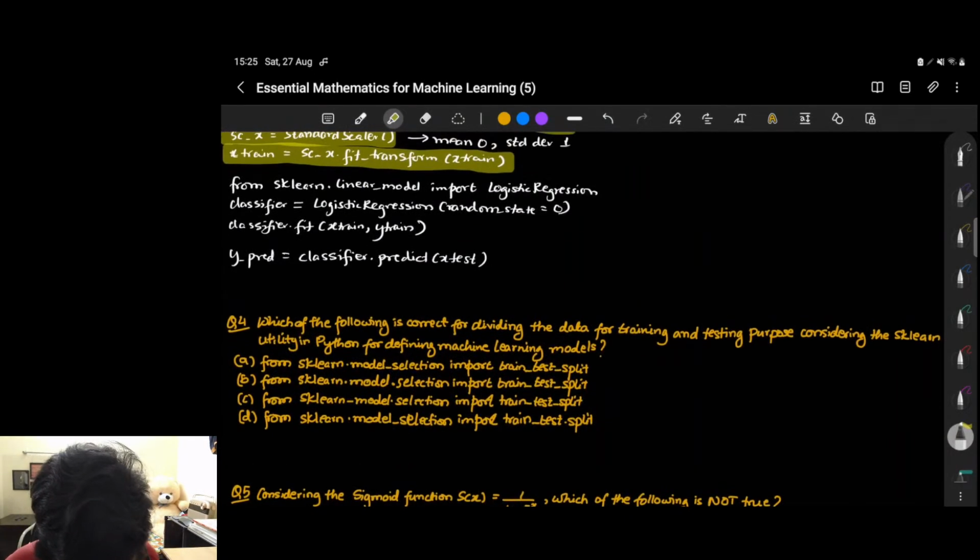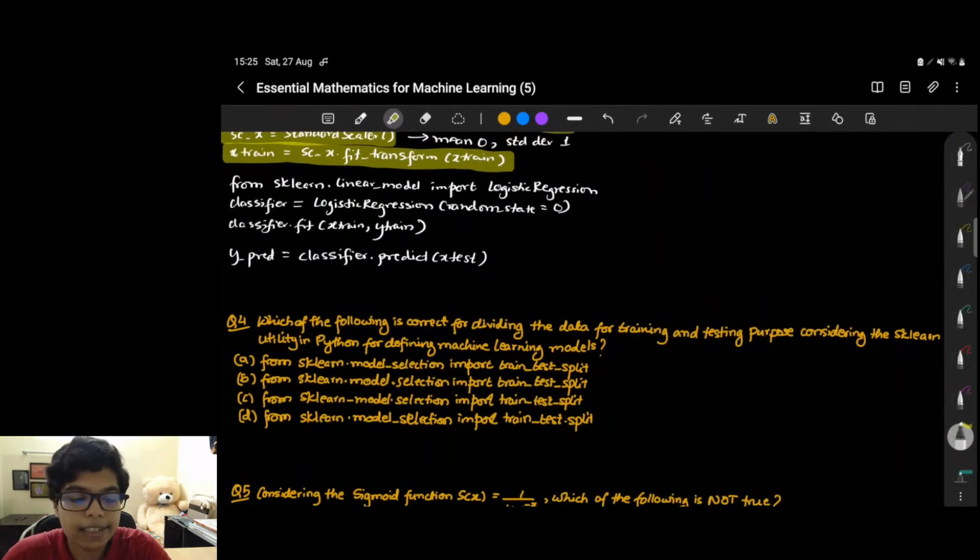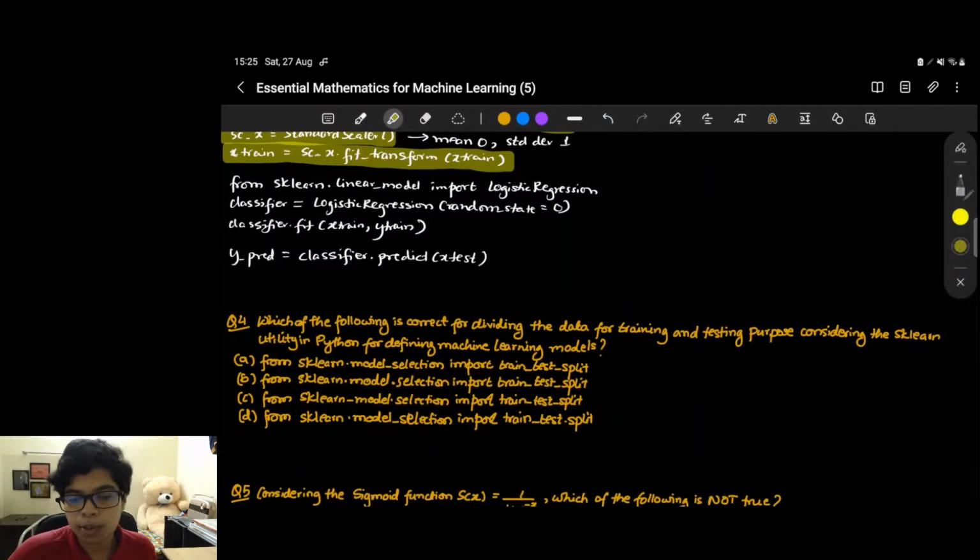So next question. Again, it is a question based on Python implementation. The question says, which of the following is correct for dividing the data for training and testing purpose, considering the scalar utility? We have seen this in quite a few lectures: we have a big data set, and we split it into two parts.